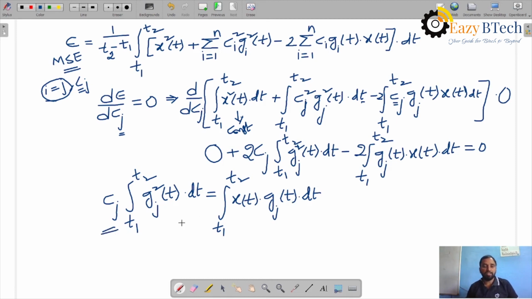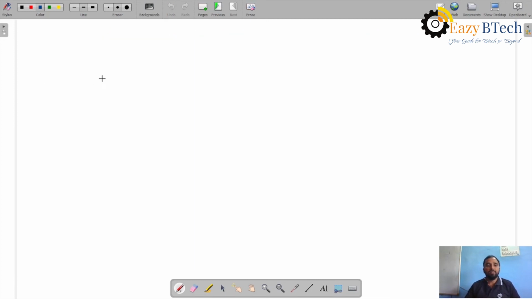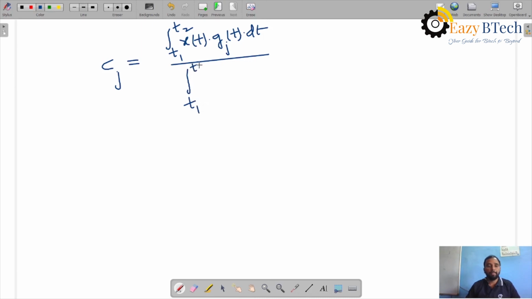So by this we can get the formula of Cj. What will be the formula of Cj? Now Cj will become, numerator integral t1 to t2 x of t into gj of t dt, divided by integral t1 to t2 gj square of t dt. So this is the formula of Cj.